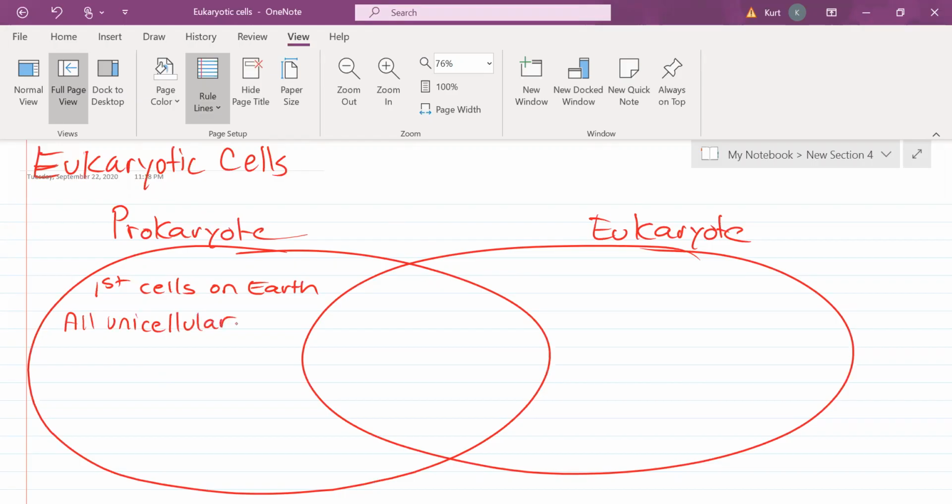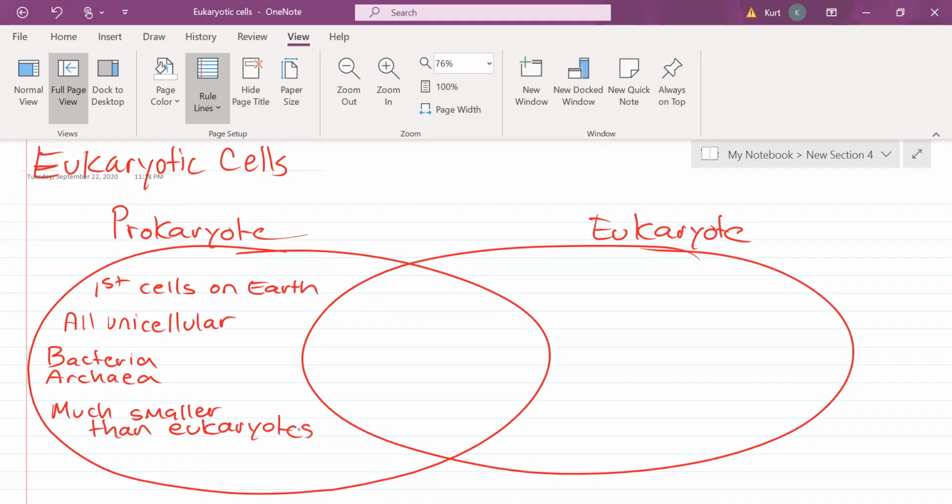They're very small. They belong to the domain bacteria and the domain archaea. There's only 3 domains: bacteria, archaea, and eukarya, and 2 out of 3 of them are prokaryotic. And they are much smaller than eukaryotes.